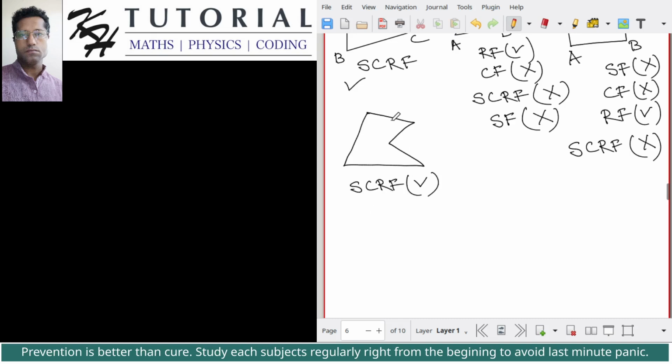As you can see, this figure is made up of the line segments AB, BC, CD, DE and AE, and there is no point at which the figure is intersecting with itself. As you saw, the point A was the starting point and the end point.